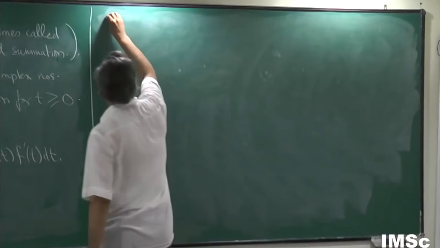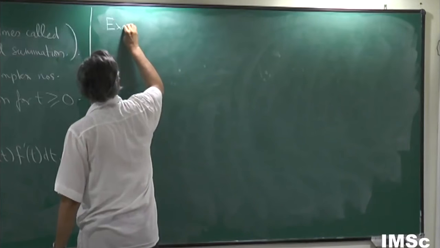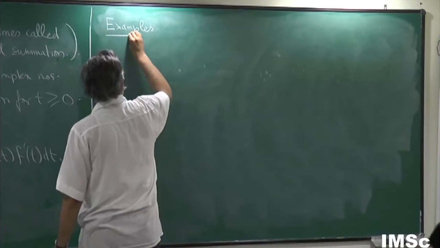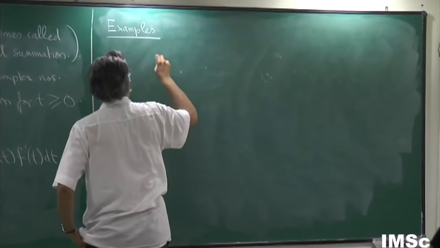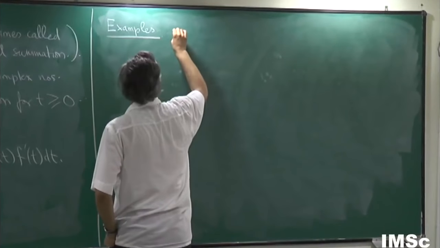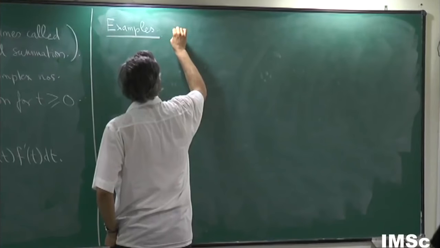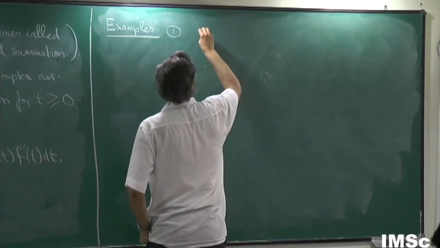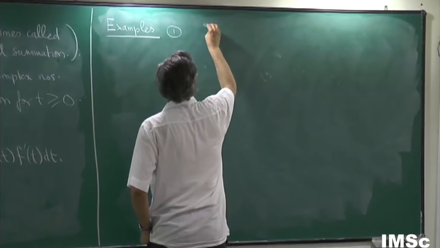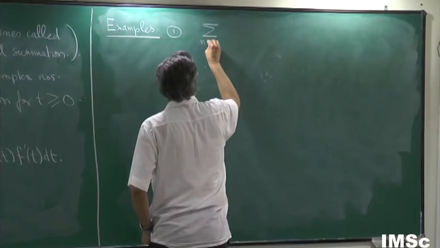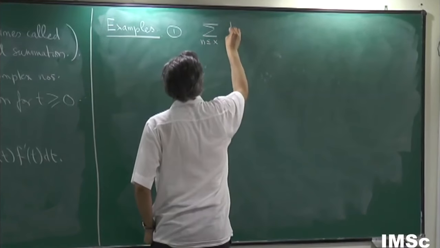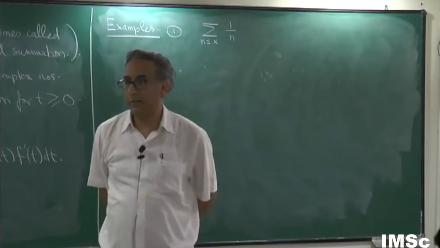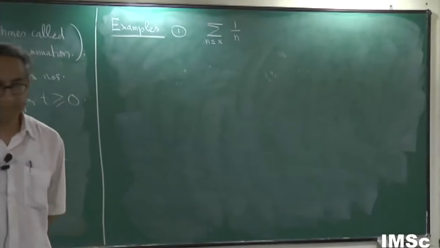So let's look at a few examples. Let's look at, for example, the following question: the summation over n less than x of 1 over n. What is the asymptotic behavior of this function?